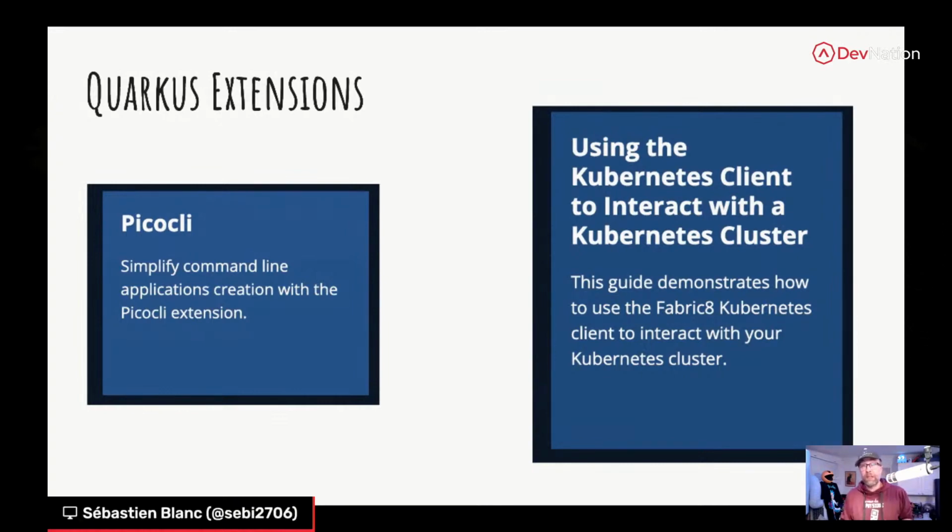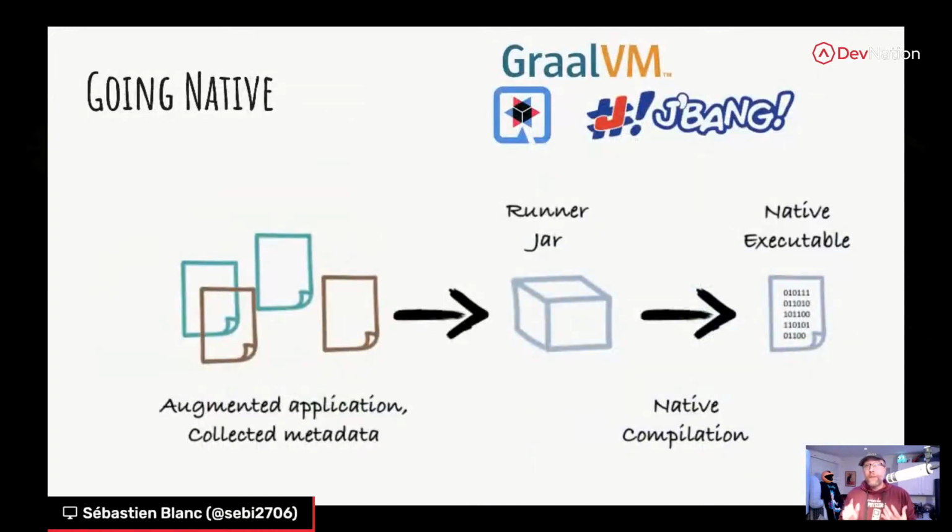Last thing, because we still haven't tackled the fact that we still run a jar. If I want to make my Quarkus plugin a real executable, a binary, okay, well, I need to compile it to a native platform. And good news, I can do that with a project which is called GraalVM.